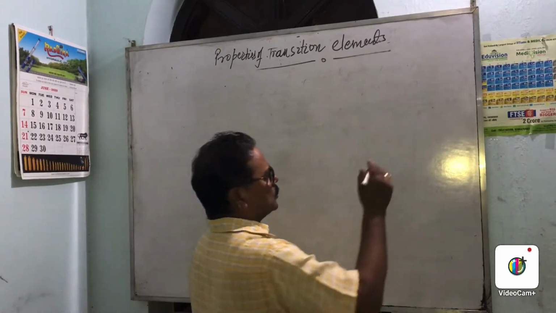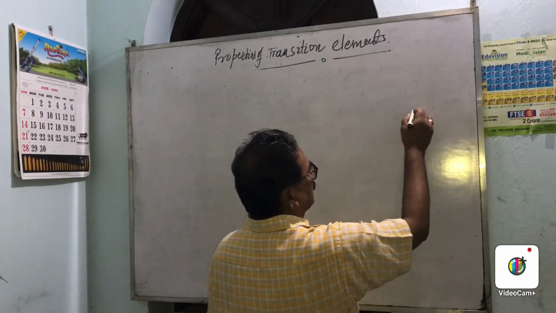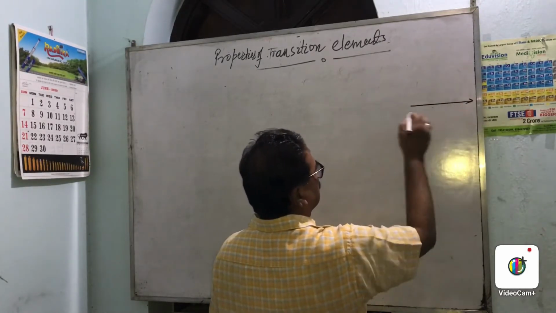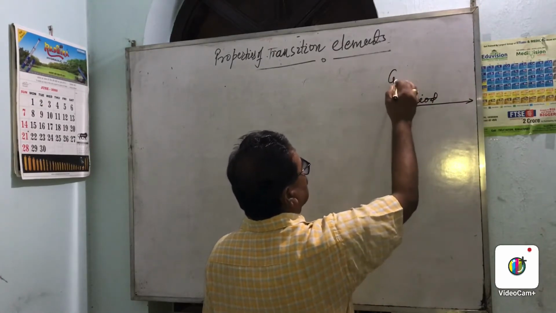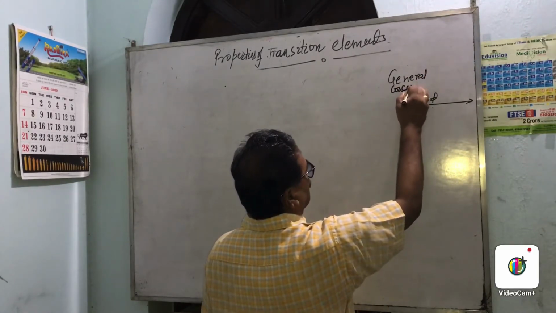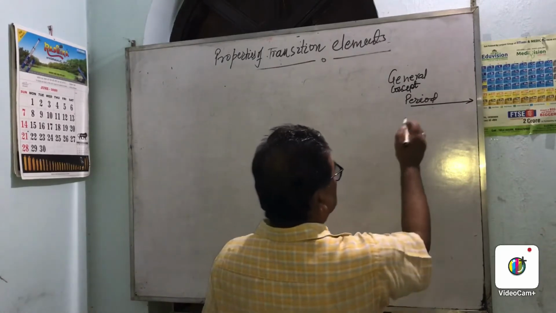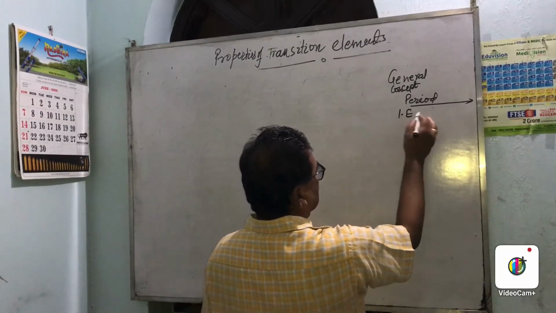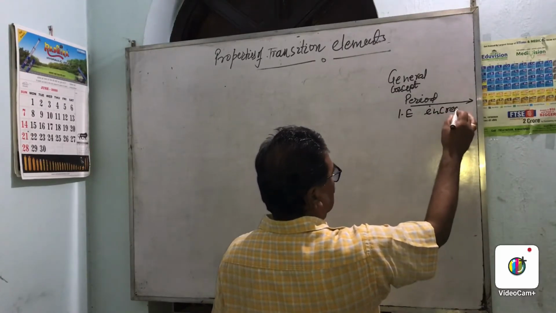In this lecture, the general concept is that if we move along a period, ionization energy or ionization enthalpy increases.